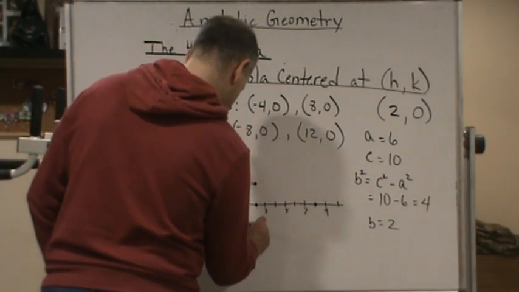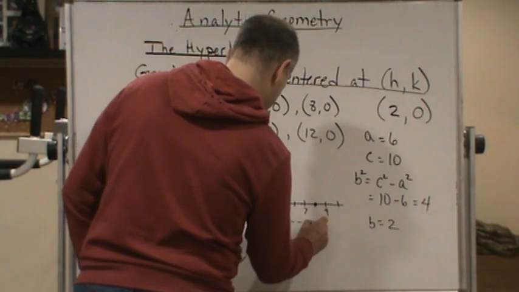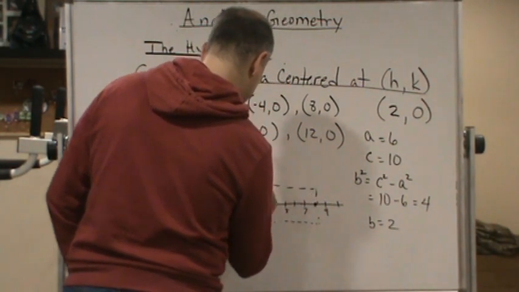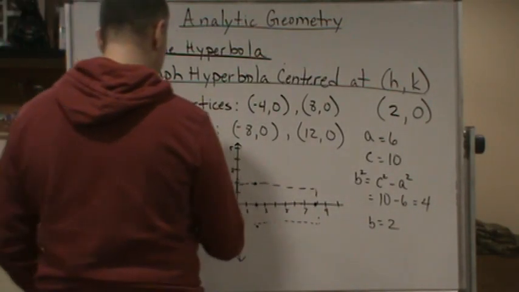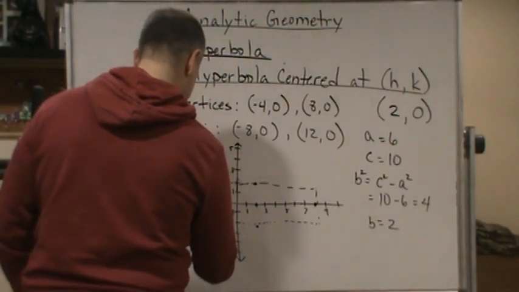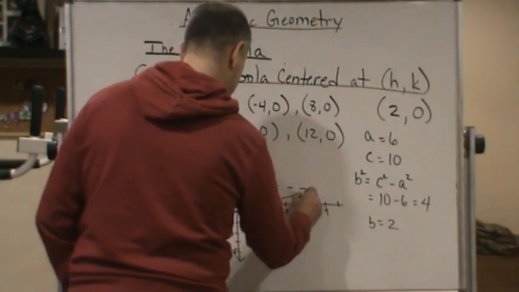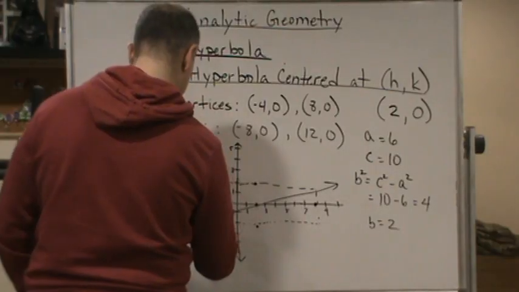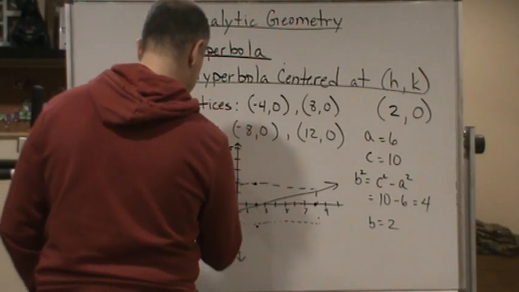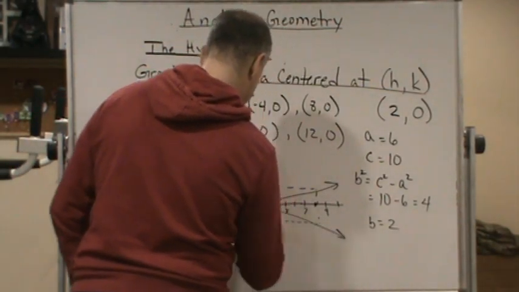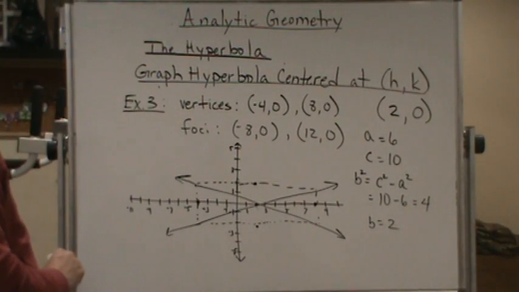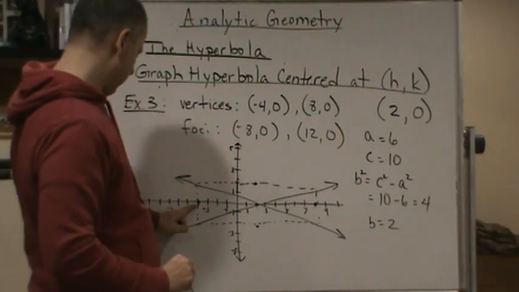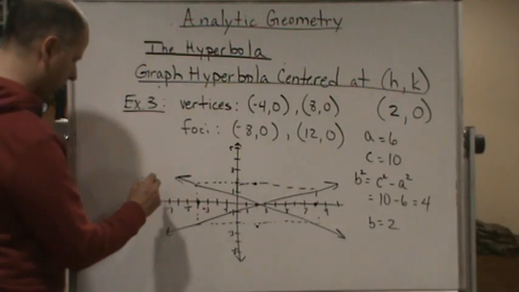Bear with me here. Don't mind me drawing, it's not the best. So there's my reference box. I know it's going to go like this and like that. And now see my vertices?